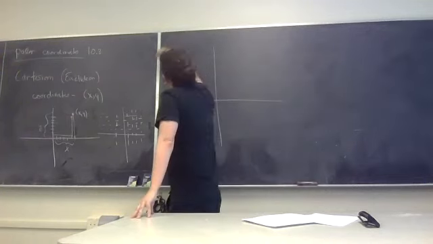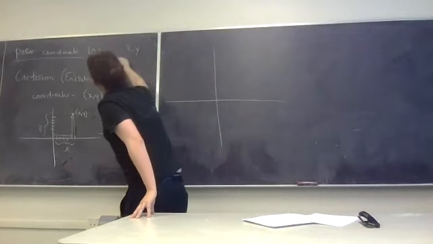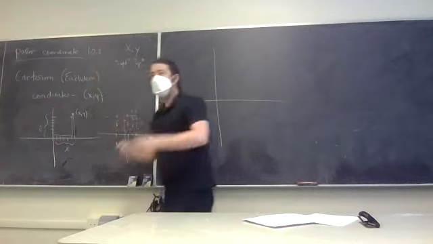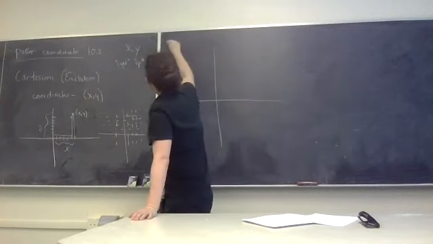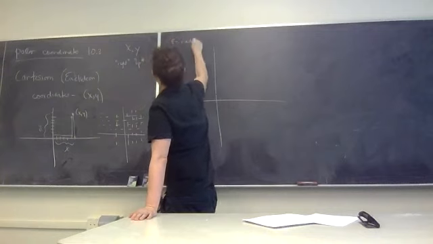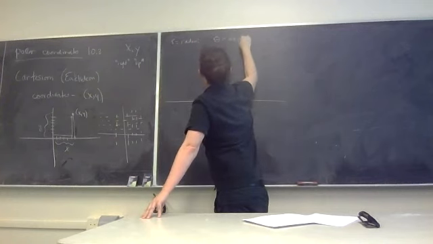Instead of using X and Y, which you can think of as right and up, the two directions that we can move, left or right and up or down, here we're going to use angle and radius. So r is going to be equal to a radius. Theta is going to be equal to an angle.